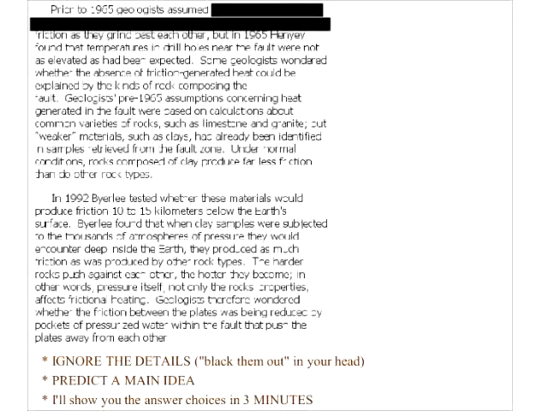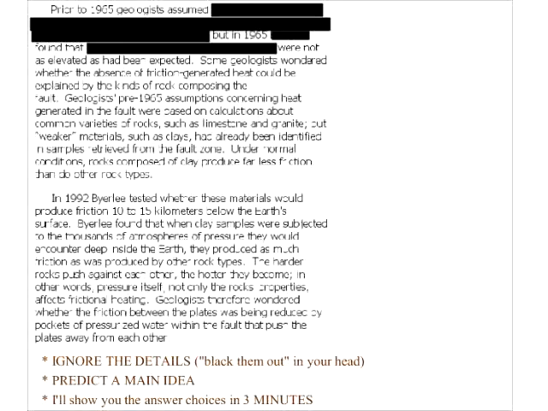When they say prior to some year they assumed something, you know that means that assumption is going to be proven wrong, or something, because otherwise they wouldn't qualify it like that if it were still the assumption now. But in 1965, somebody found that some stuff were not something as had been expected.